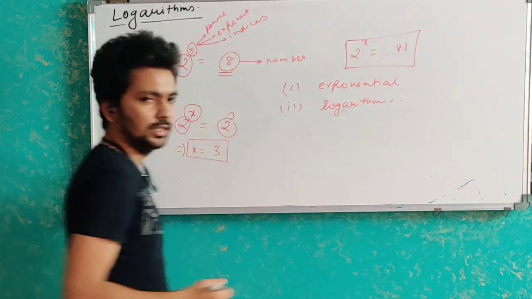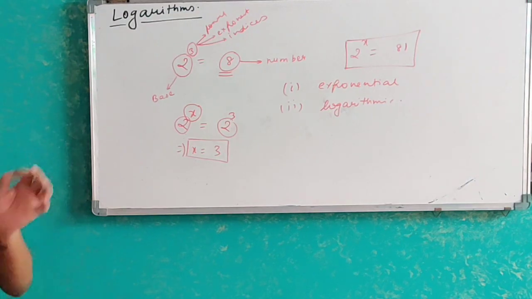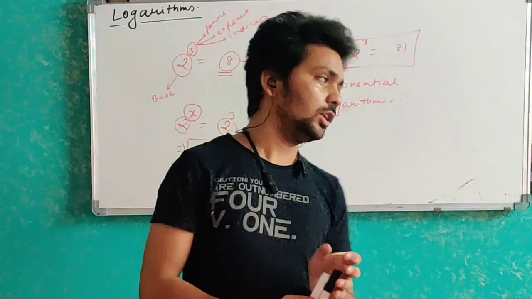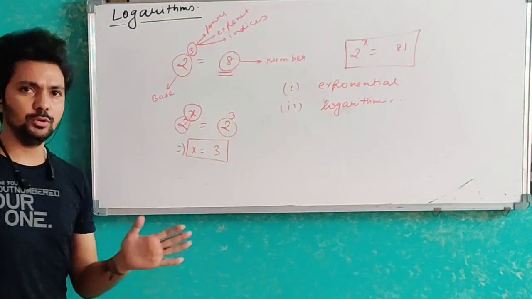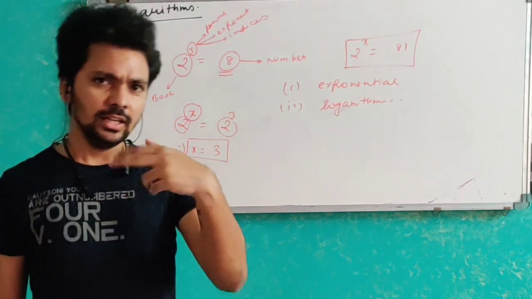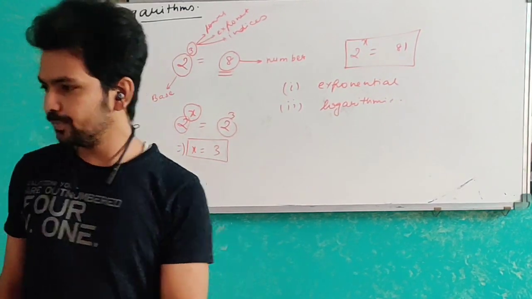I'll use both. Any positive number, no negative, no zero, only positive numbers, can be expressed in two ways, exponential and logarithmic.